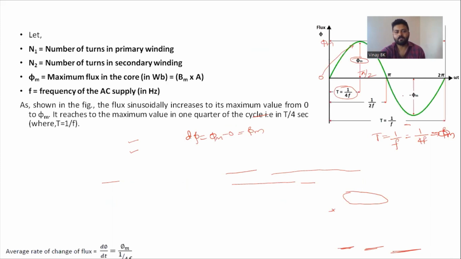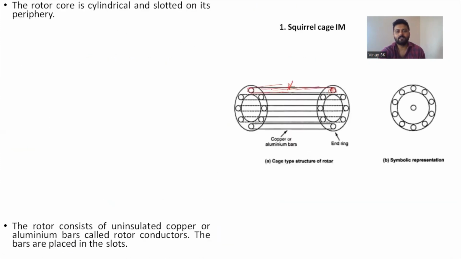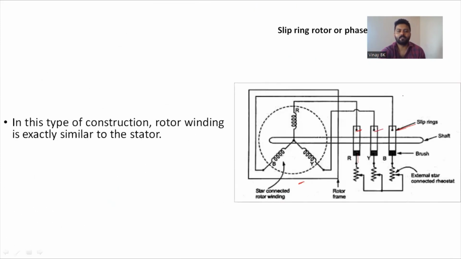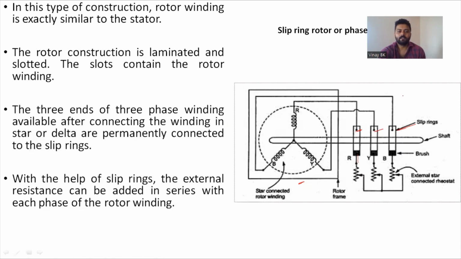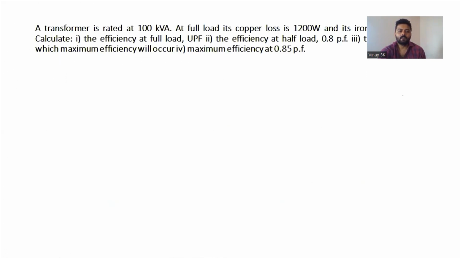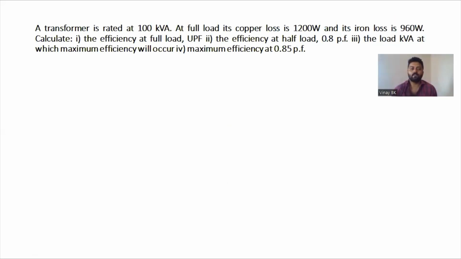Okay, so let us solve the transformer problem. Before solving the numerical, as I told, you should understand the numerical properly, then you will be able to solve it neatly. They asked: a transformer which is rated at 100 kVA.